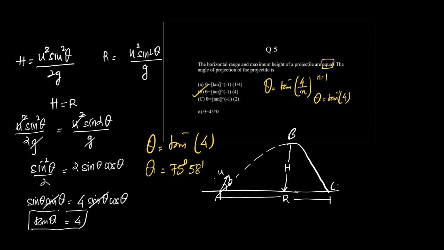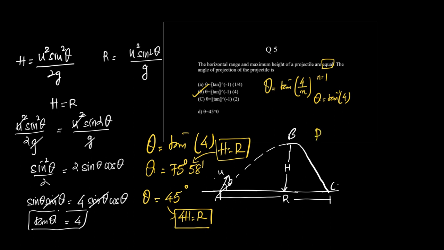We have otherwise learned that when theta is equal to 45, what is the relationship between h and r? It is that 4h is equal to r. So we have two values: h is equal to r when theta is equal to 75 degrees 58 minutes, and when theta is 45, we have 4h is equal to r.